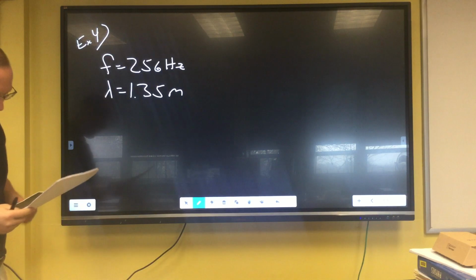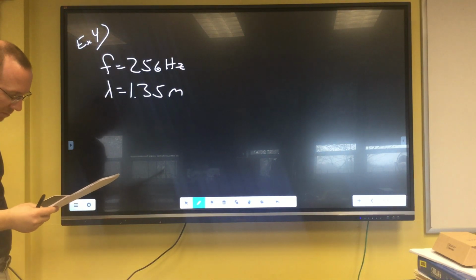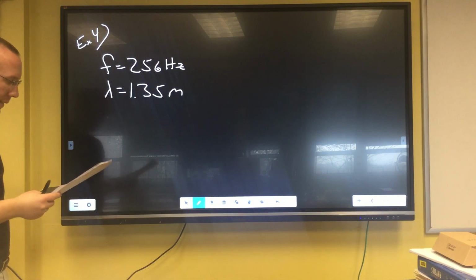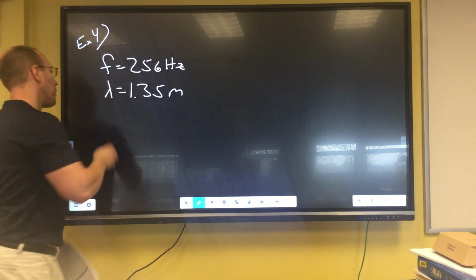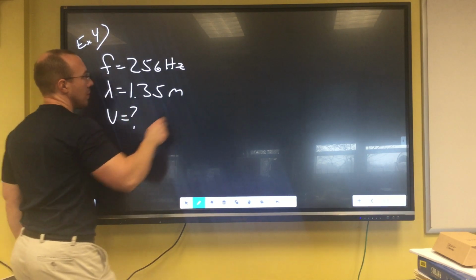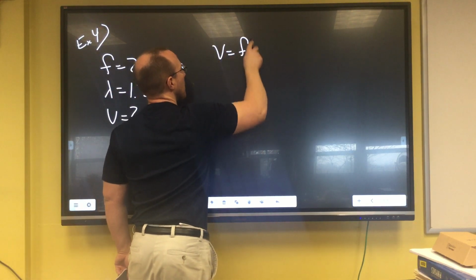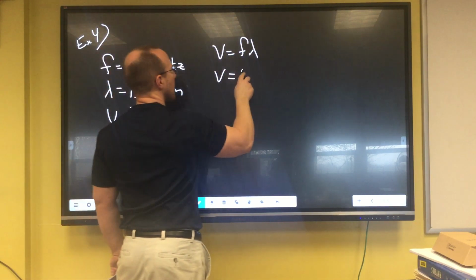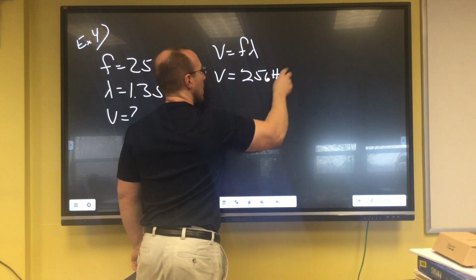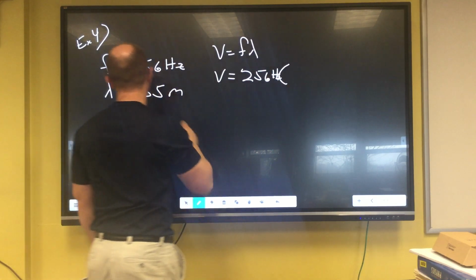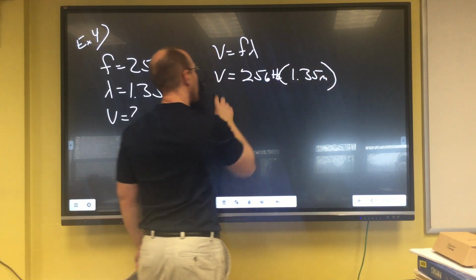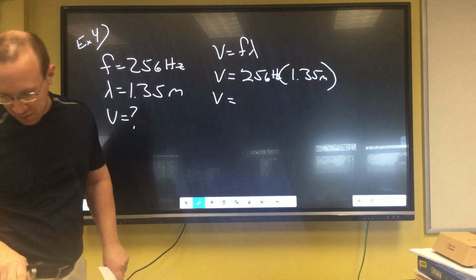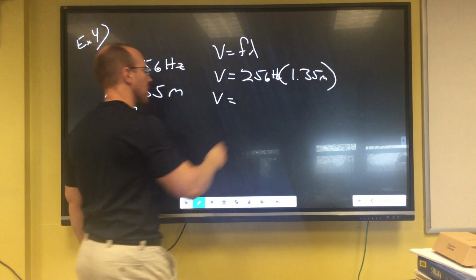And it simply wants to know the velocity. So, velocity equals frequency times wavelength. Frequency is 256 hertz. The wavelength is 1.35 meters. And our velocity would be 346 meters per second.